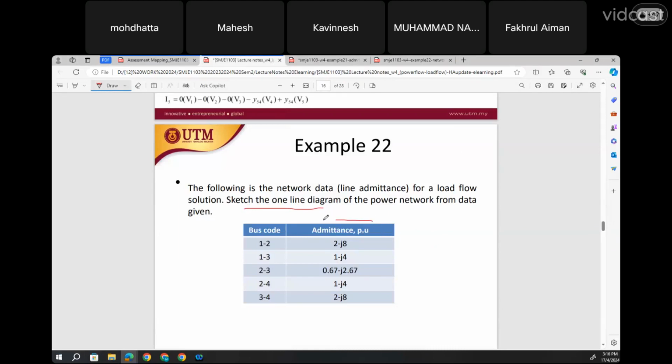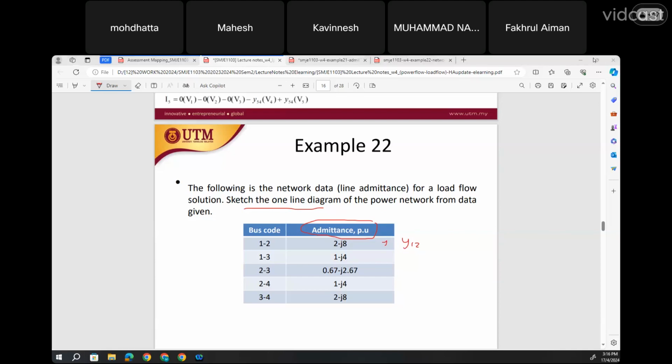Remember that the given values over here are the admittances, meaning that these are small y12, and the same goes for the others: small y13, y23, y24, and y34. But in this case, we don't have to come up with the admittance matrix, only to figure out what the one line diagram is for this network.